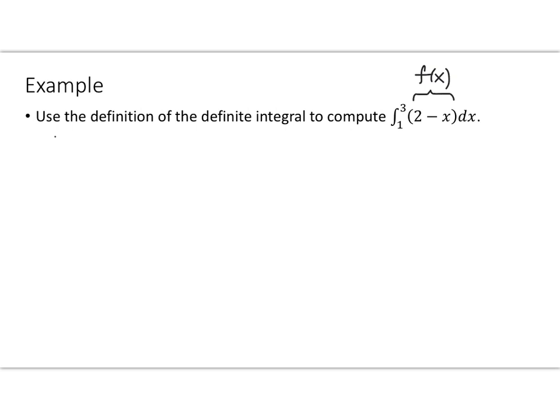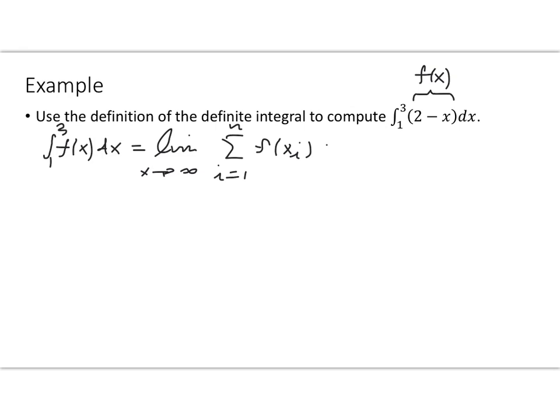So we're told, according to our definition, that the integral of f of x dx is a limit as n goes to infinity of a sum, i equals 1 to n, of f of x sub i, delta x.